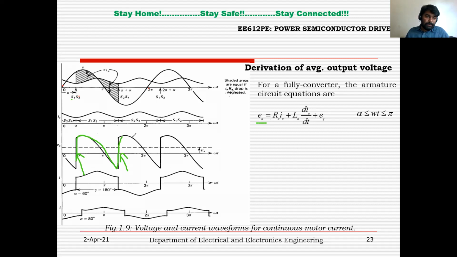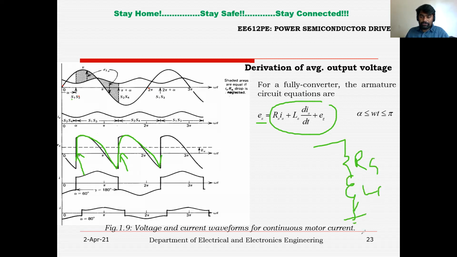Similarly, from pi plus alpha to 2 pi plus alpha also we are having some voltage. Again, Ea equals Ia Ra plus La dIa/dt, because this is due to the armature equivalent circuit, where it has armature resistance, armature inductance, and the battery voltage. So the voltage across these three terminals is Ea. So if I apply KVL in this loop, you will get this expression, right?